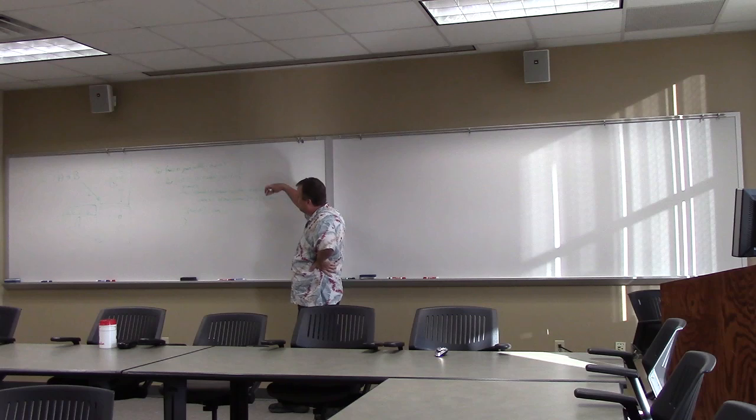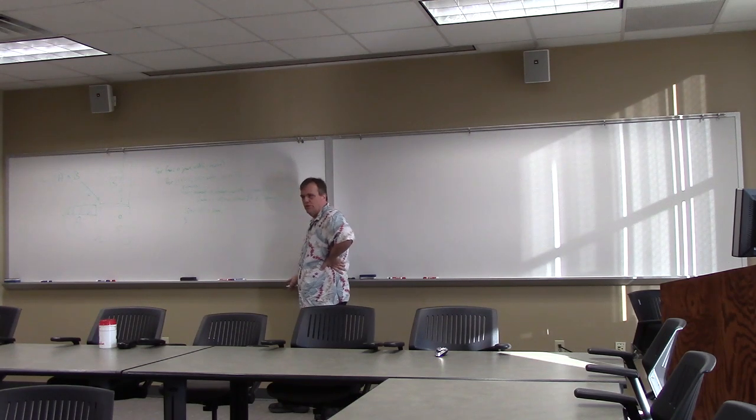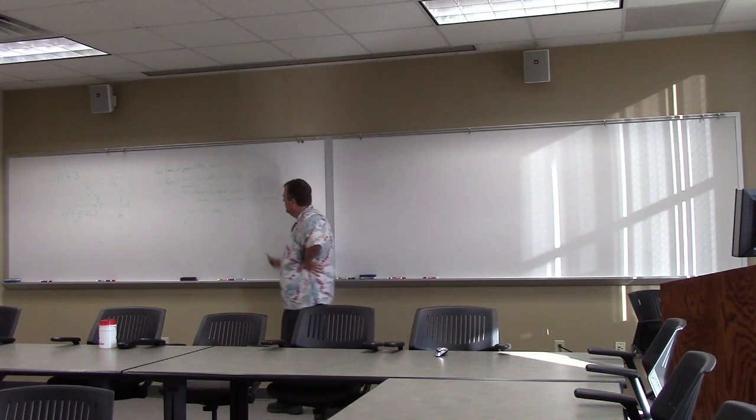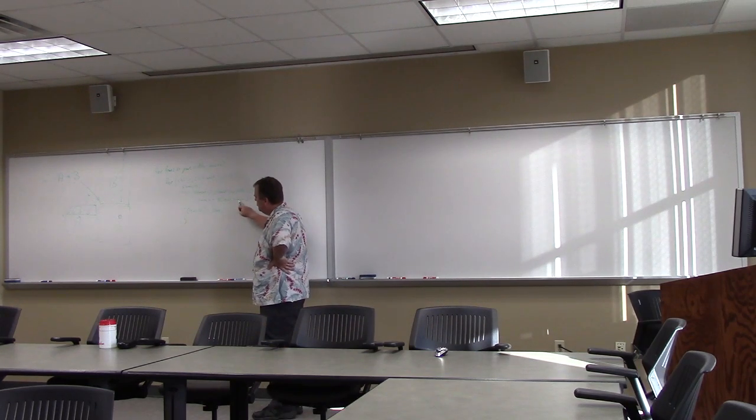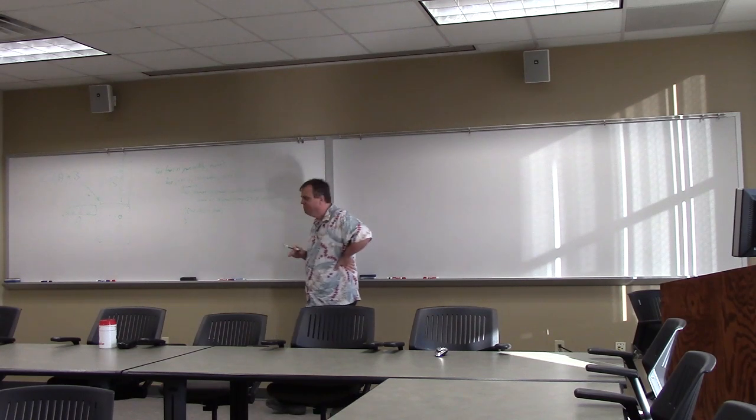So I walk through every row and column inside C, and I sum up all the individual elements using A of row, element, which gets me row I, column K, times B of element, column, which gives me row K and column J.